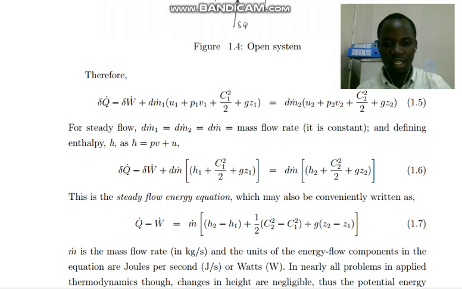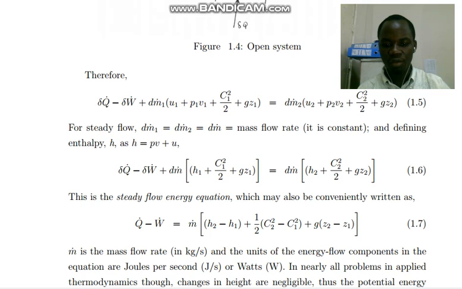This is the steady flow energy equation, which may also be conveniently written as Q dot minus W dot is equal to m dot in bracket H2 minus H1 plus a half in bracket C2 squared minus C1 squared plus g in bracket Z2 minus Z1. Take into account that m dot is the mass flow rate and its unit is kilogram per second.